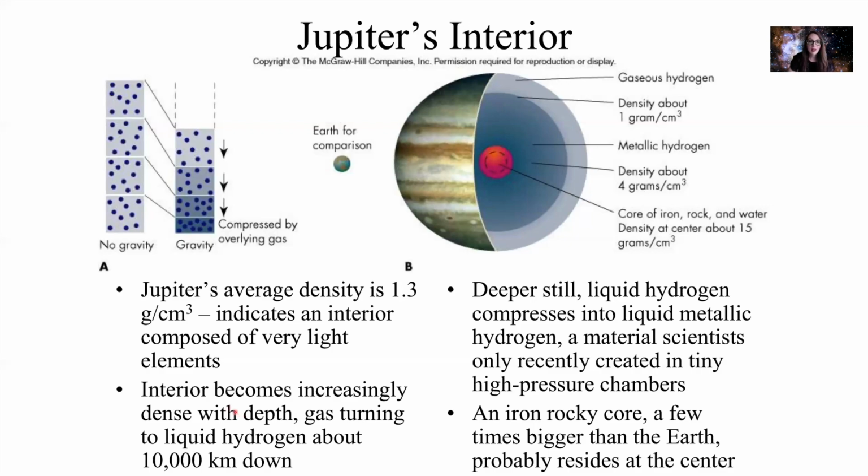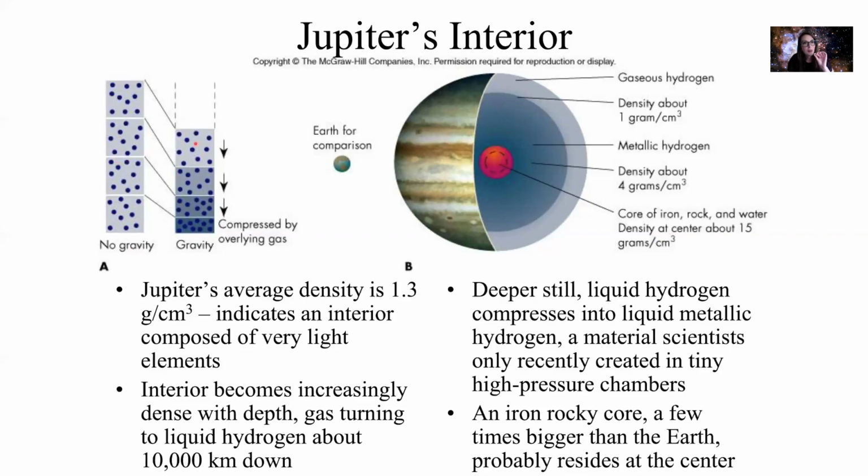Its interior becomes increasingly dense with depth, and the gas in Jupiter's outer layers turns to liquid hydrogen at about 10,000 kilometers down. So here we have a column of gas, and we can divide that column up into segments. If there's no gravity, every little segment will have the same density. That's the mass per unit volume.